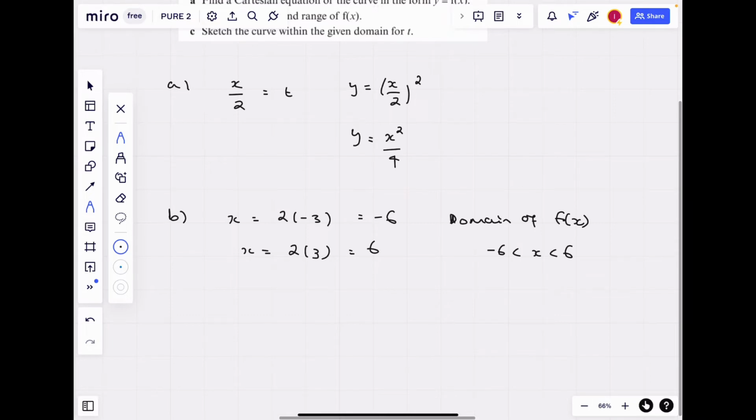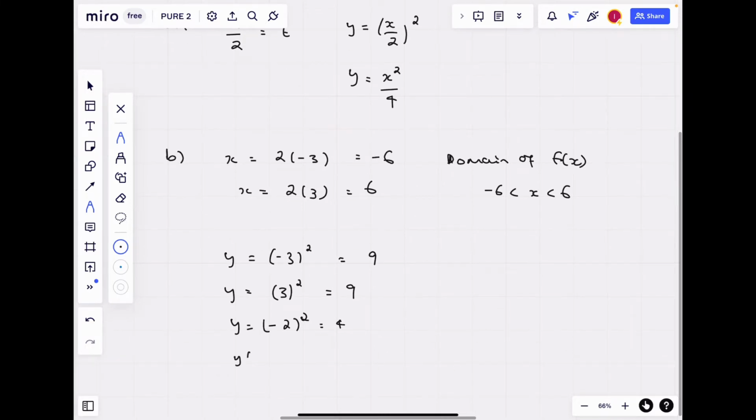And the same goes for the range of f(x). If we sub in -3 as t, we get 9. If we sub in 3 as t, we get 9. If we subbed in, let's say, -2, we get 4. If we subbed in -1, we get 1.